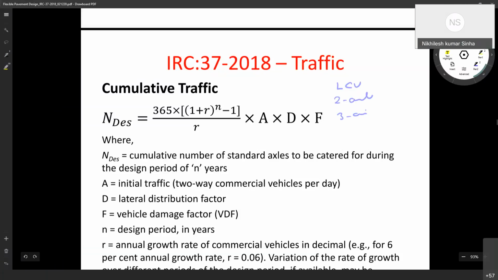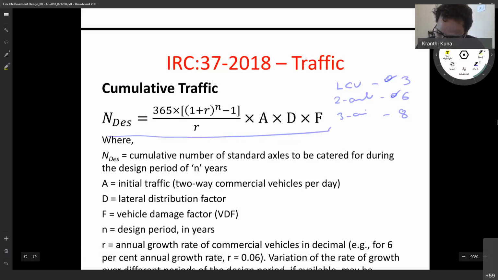We perform the axle load survey and we determine the vehicle damage factor for each of these vehicle groups. Say LCVs may have a vehicle damage factor of 3, this one might have 6, this one might have 8 because this has got more. So we perform this calculation for each vehicle category, and we sum up all of them.